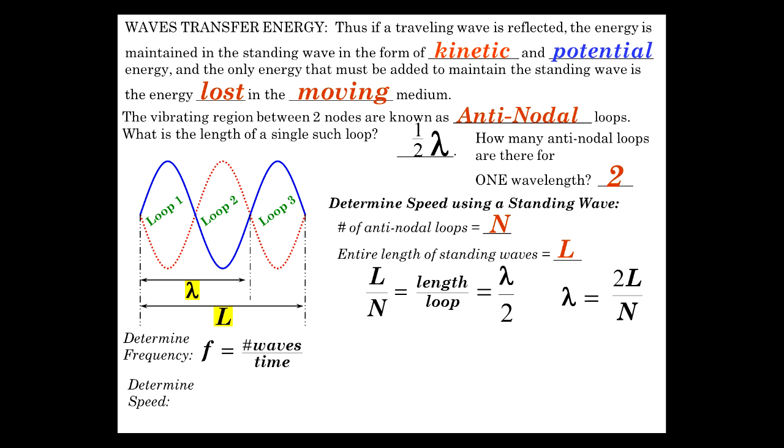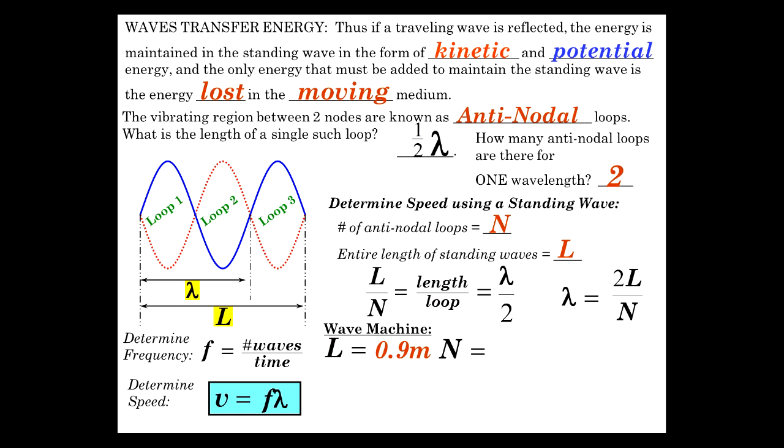So we can determine the frequency experimentally. It's waves per time. And to determine the speed is frequency times wavelength. We've encountered that already. So now the particular data from the wave machine that we can use to measure this: the length is 9/10 of a meter for the wave machine. I can set up a number of antinodal loops equal to 4. So really this is just an example.